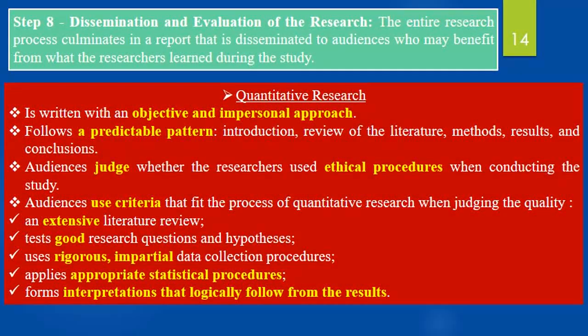By using ethical procedures, researchers treat participants with respect, such as by obtaining their consent or assent, as we have already discussed in our previous class while we were learning about the research ethics. Audiences also judge whether the prepared article fully and honestly reports complete information about what was done in the study, so that they can make their own assessment about the quality of the study.